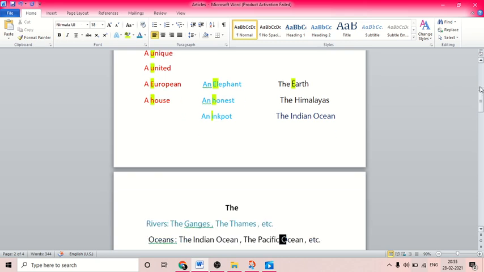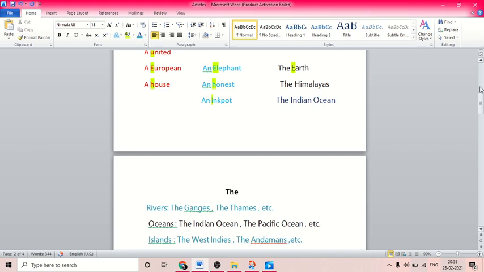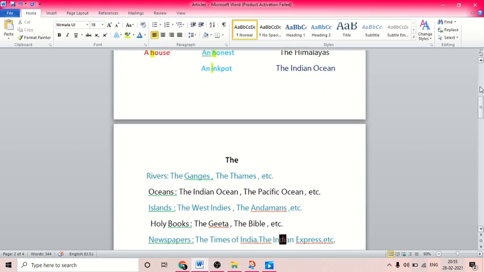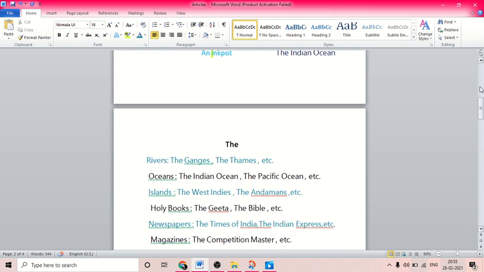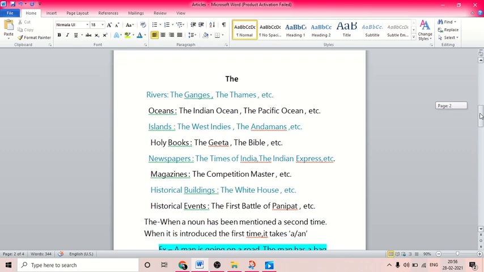Now let's discuss in more detail the use of the. It is used with the names of rivers, the Ganges, the Thames. It is used with the names of oceans, the Indian Ocean, the Pacific Ocean. It is used with the names of islands, the West Indies Islands, the Andamans.